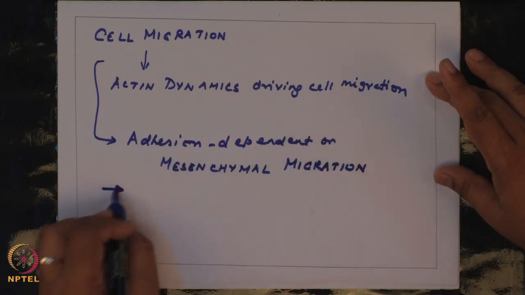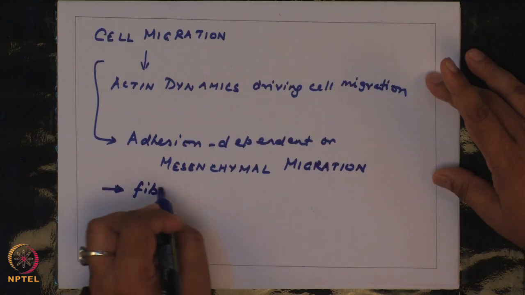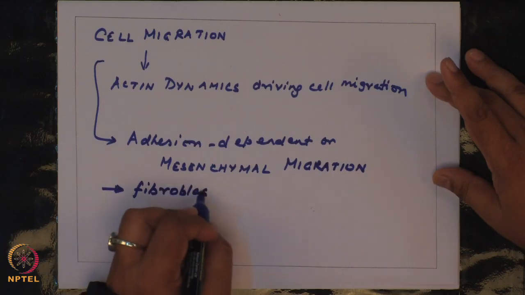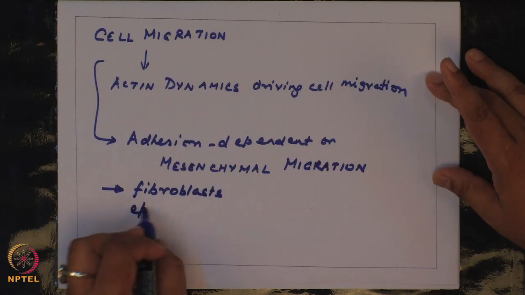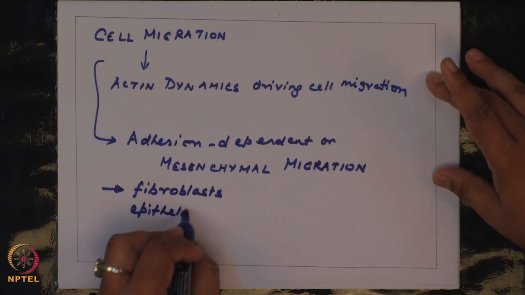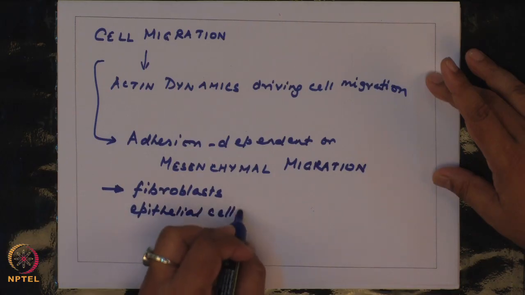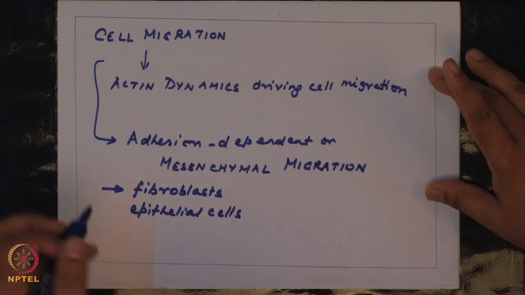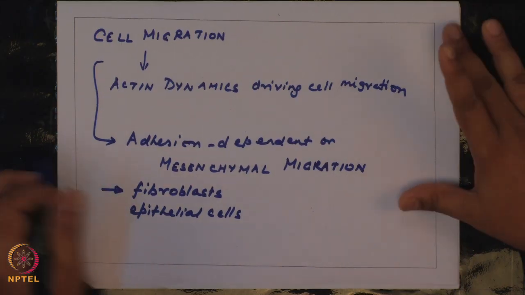Cells like fibroblasts and epithelial cells all exhibit mesenchymal migration.